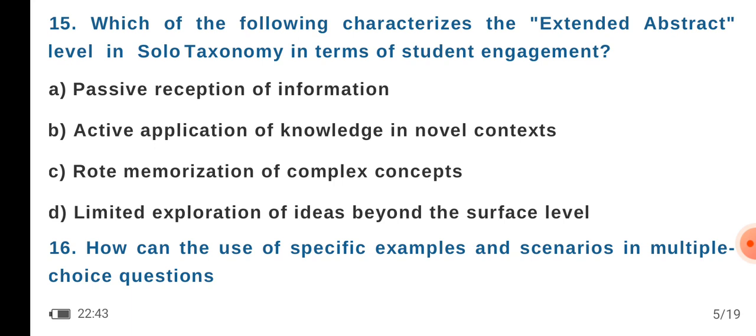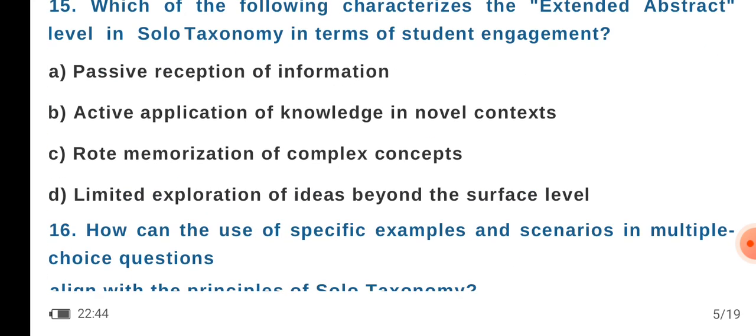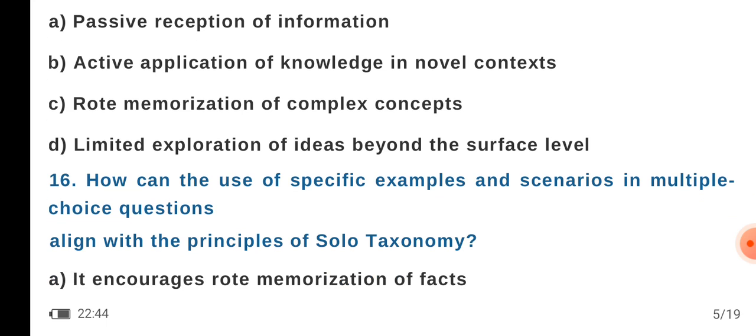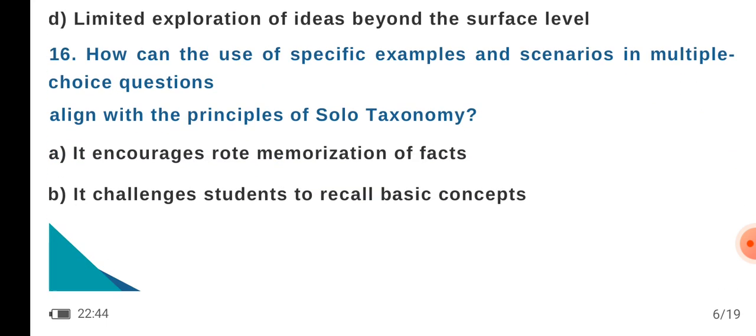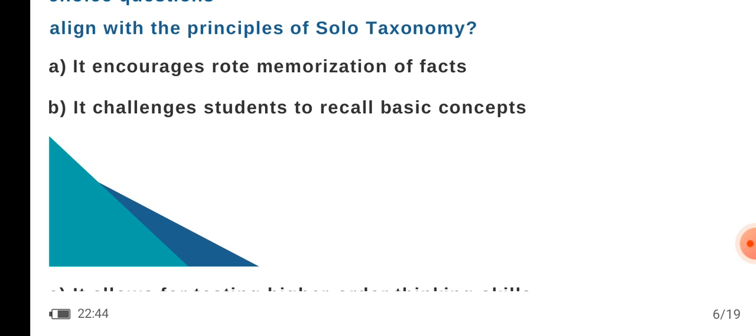Number 16. How can the use of specific examples and scenarios in multiple choice question align with the principle of solo taxonomy?